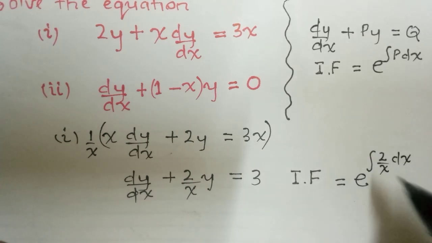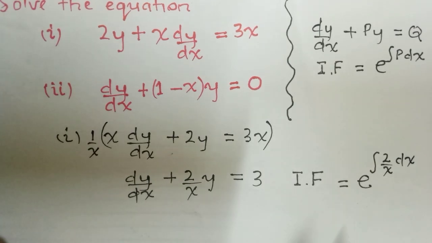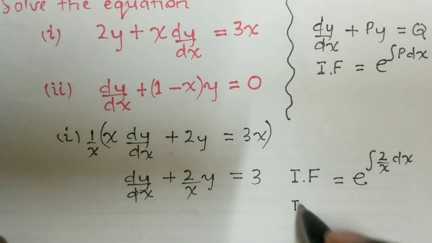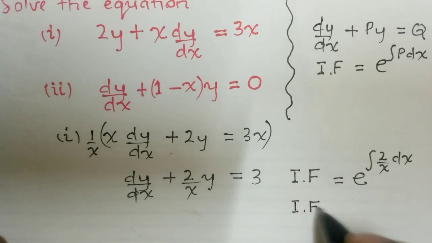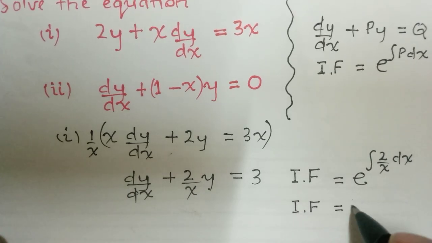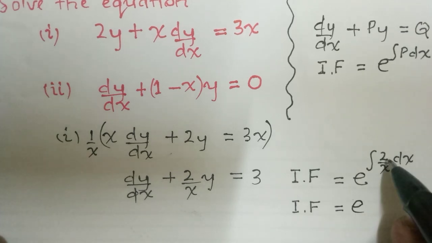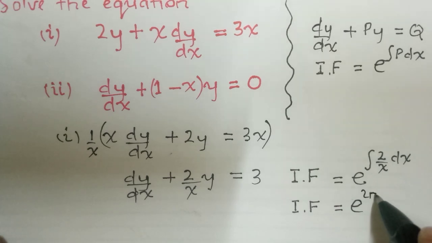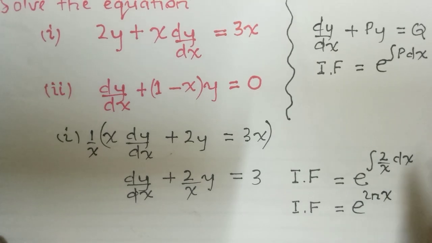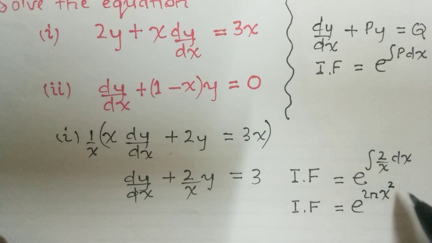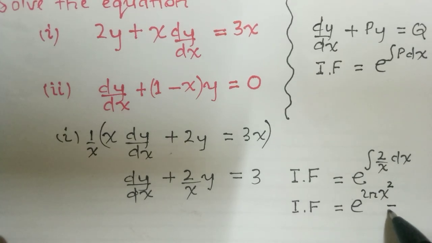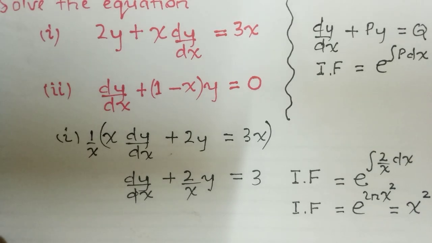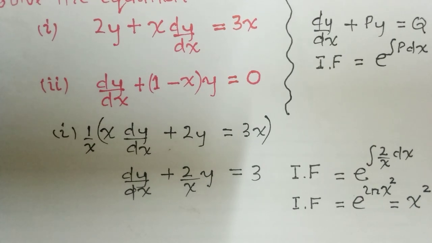So now when we solve this one, the integrating factor will be equal to e raised to ln x squared. When you do it, it will be x squared. So our integrating factor is x squared.